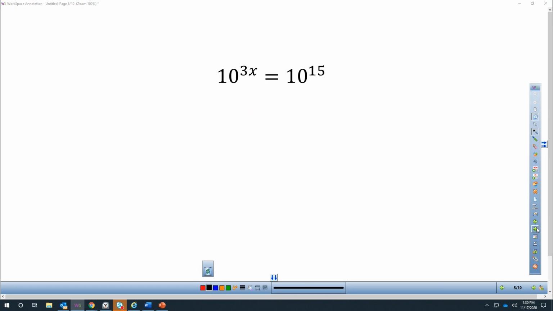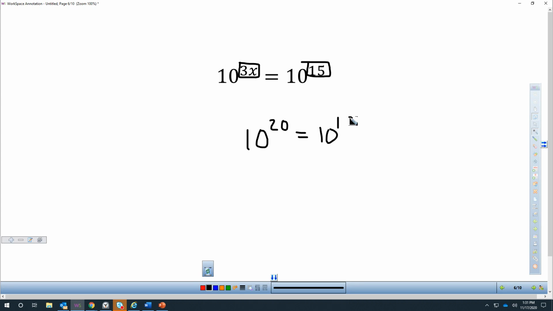Okay, so here is our first example. So we have 10 to the 3x is equal to 10 to the 15th power. Well, the only way that can be true is if both of these exponents are equal. We can't have 10 to one power, like maybe it's 10 to the 20th, and then 10 to the 15th. Those aren't going to be the same, right?